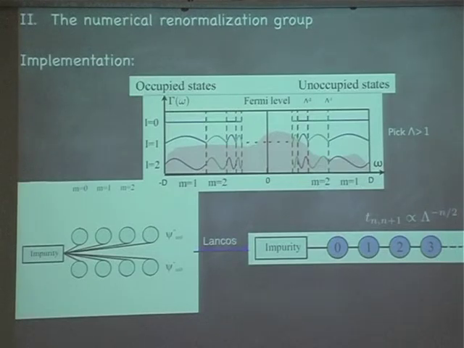The point is that all these hoppings are nearest neighbor only, so you don't have a hopping from here to there directly. They just talk to the neighboring site. And what's also interesting, the hopping between site n and n plus 1 decays like lambda to the minus n half. So this becomes smaller and smaller the further you get out with your energy shell.